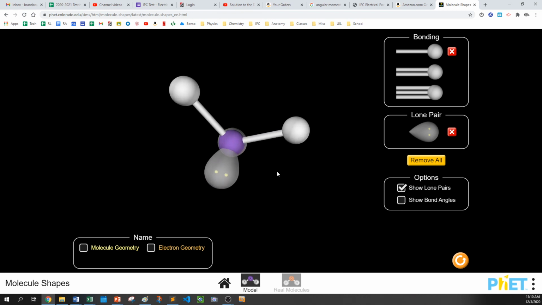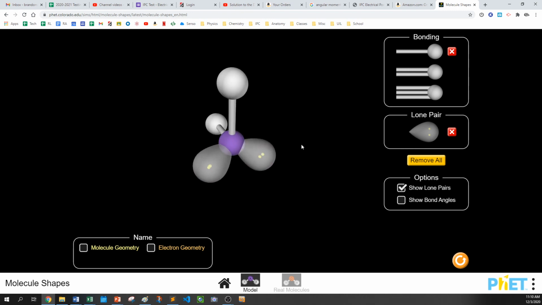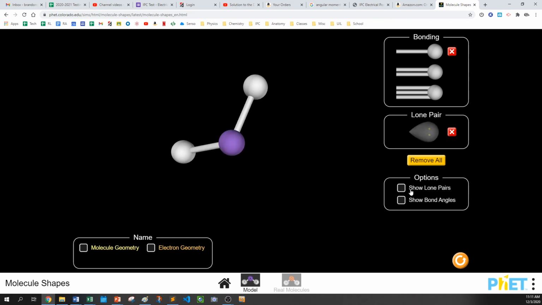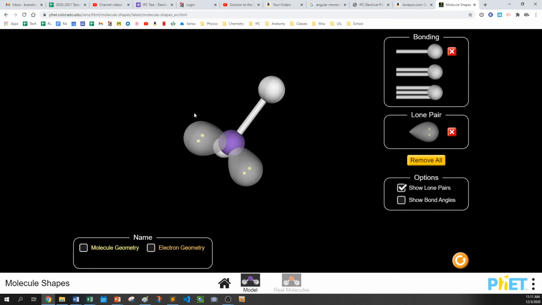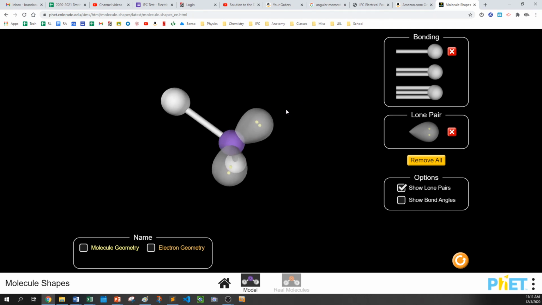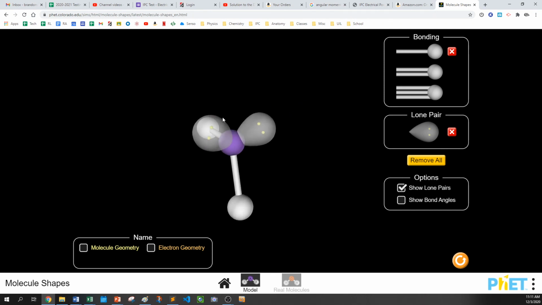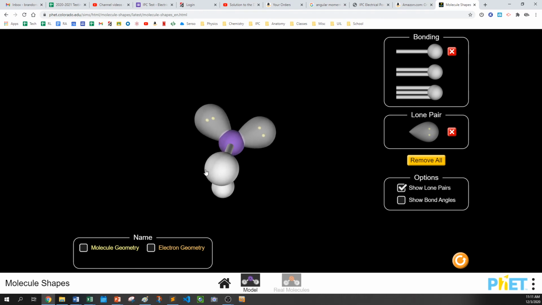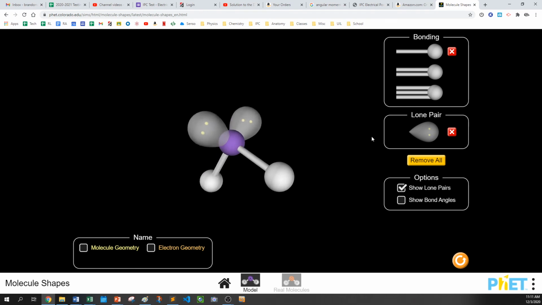There are 2 electron pairs hidden in there, and they're actually at odd angles. When I was drawing it earlier, I didn't really indicate how odd the angles were. It's a 3-dimensional object.